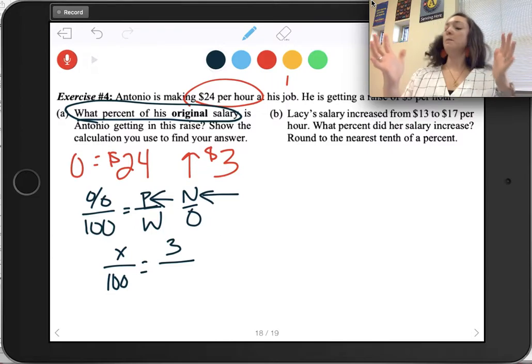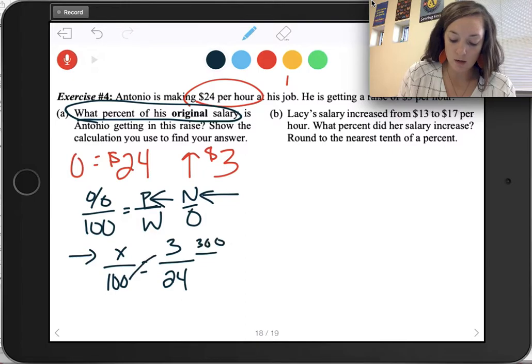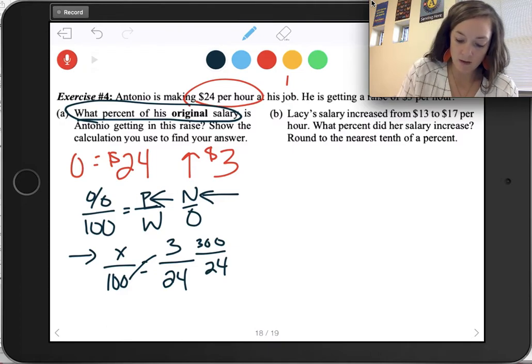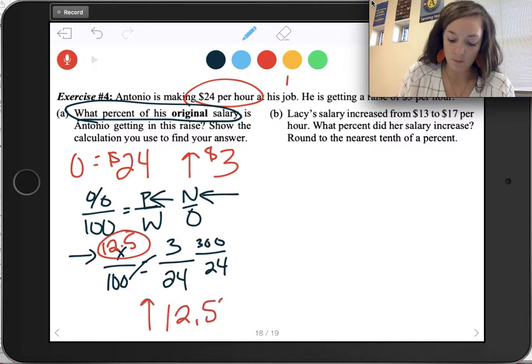That's my amount that it's increasing in dollars. And I want to know the amount that it's increasing in percent. And my original is 24. So I can do 100 times 3 and then divide by 24. And I'm going to get 12.5. So it's an increase of 12.5%, which is the $3.